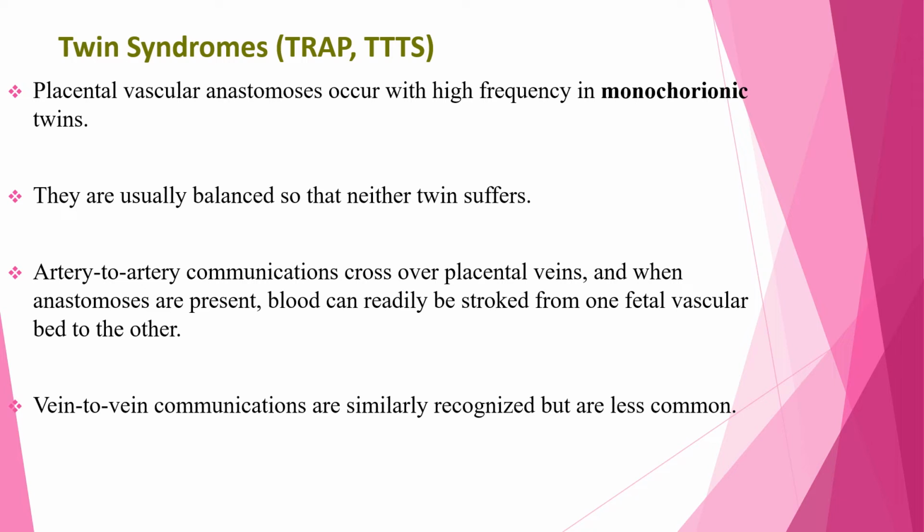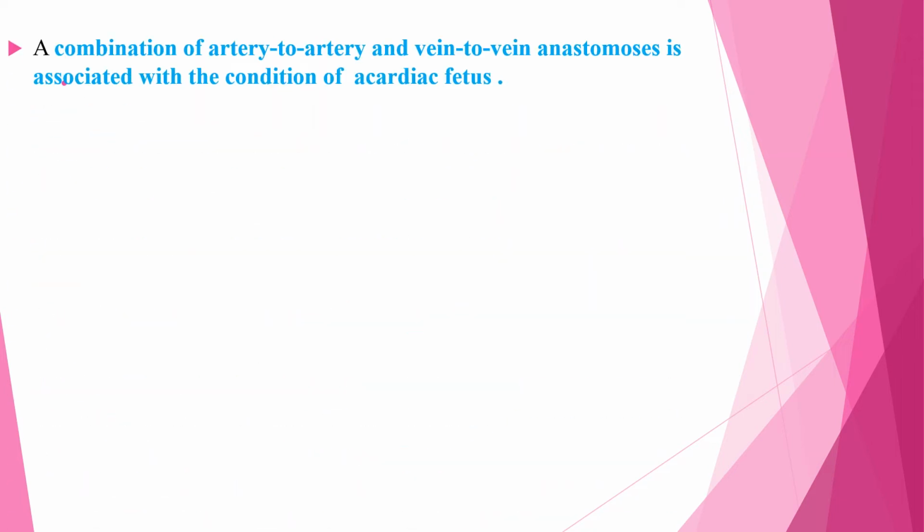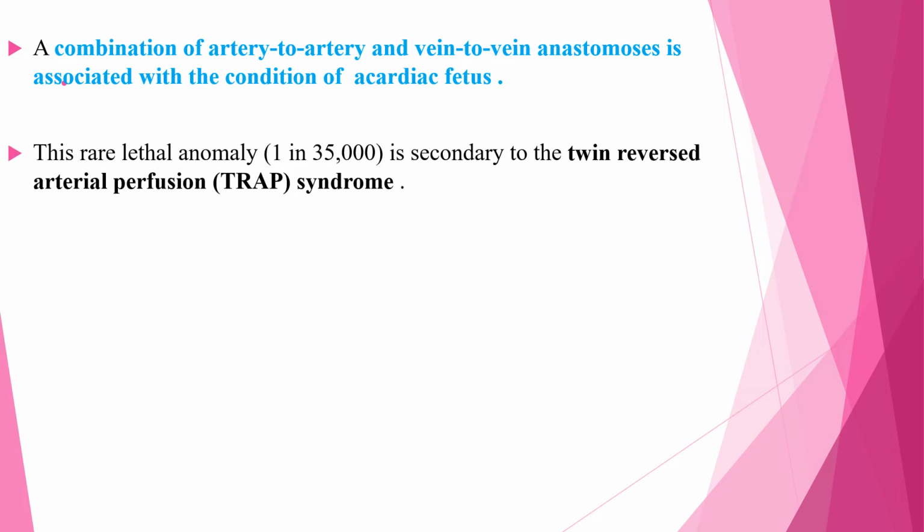Vein-to-vein communications are similarly recognized but are less common. A combination of artery-to-artery and vein-to-vein anastomosis is associated with the condition of acardiac fetus. These rare lethal anomalies, which occur in 1 in 35,000, are secondary to twin reversed arterial perfusion syndrome.